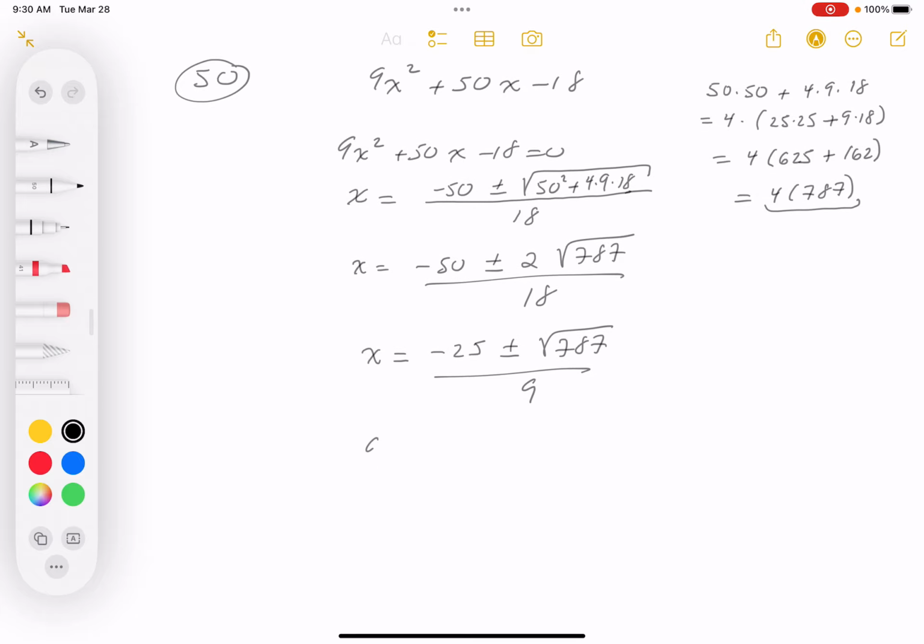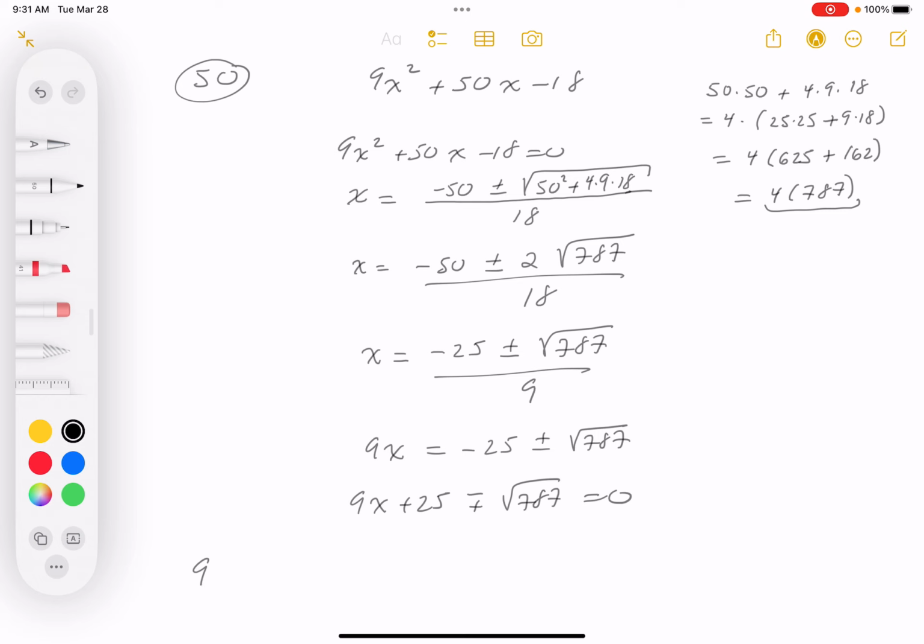I'm going to attempt to solve that. Let's write this down. It's going to be 9x equals minus 25, solving for 0. What do you get over here? 9x plus 25 minus plus the root of 787 equals 0.